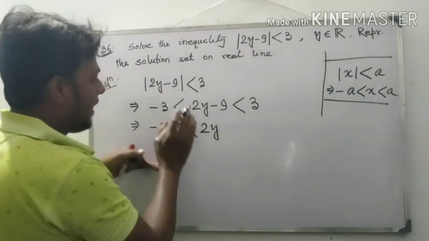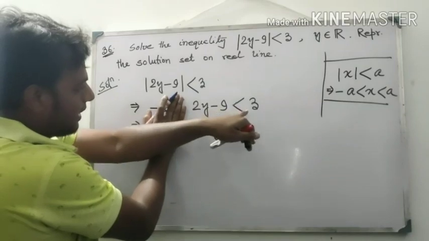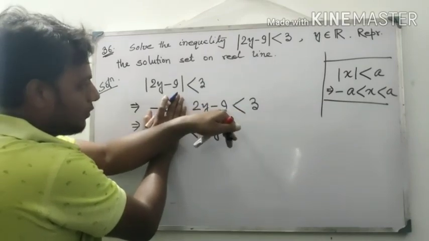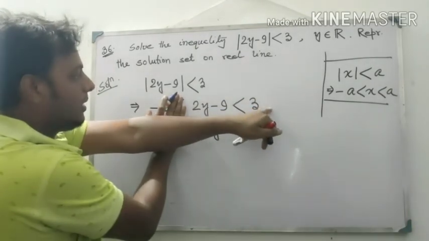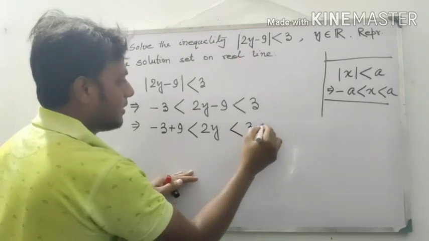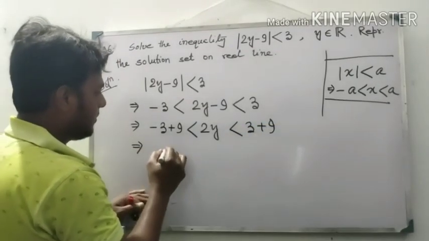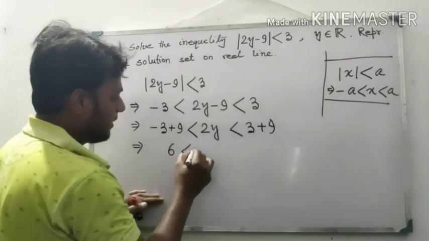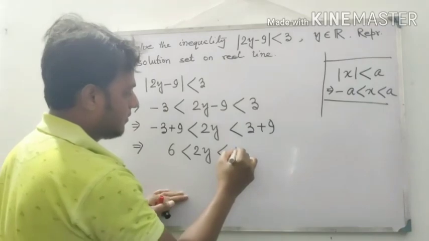Is it clear? And if we hide the first part, then to solve the second part, 2y minus 9, we have to move this term 9 to the right hand side, so it will become plus 9, less than 3 plus 9. So directly we can solve. This implies plus 6 less than 2y less than 12.